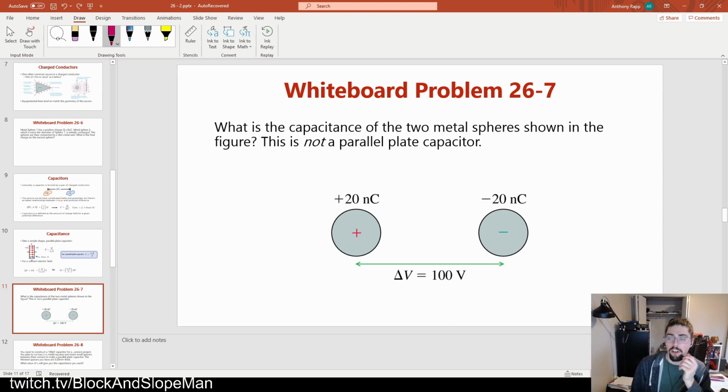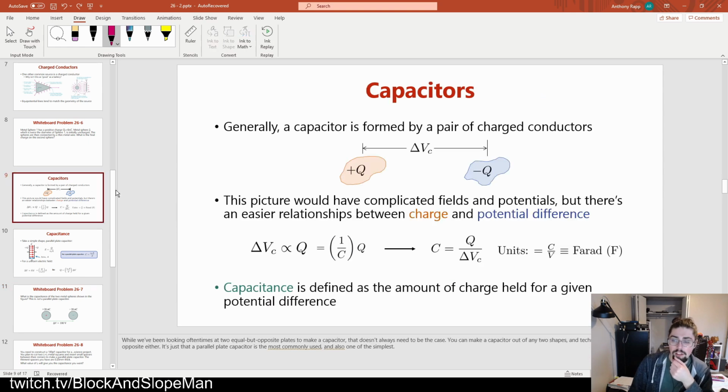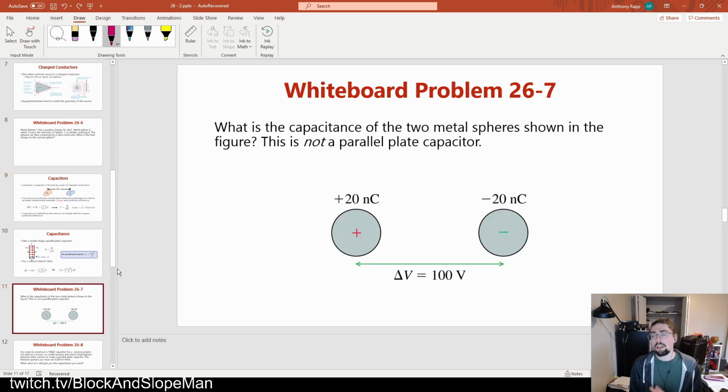Because we're dealing with spheres, it would be a little bit easier, but if we were actually to calculate what this potential difference would be, we would have a real rough time of it. Because my equipotential lines would look something like the weird blob that they were coming from, and we don't have any nice symmetrical shapes and all sorts of nasty things. So we're in luck that we already know what that potential difference is, and since we already know it, there's really not much more work to the problem.